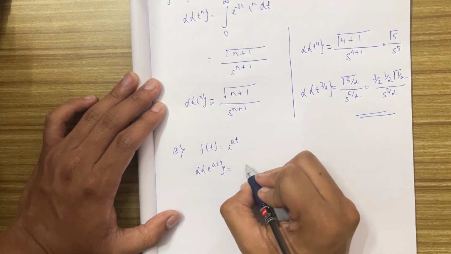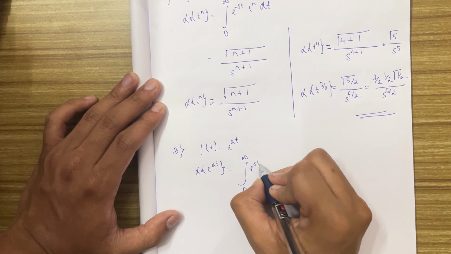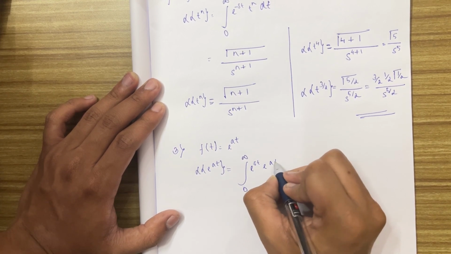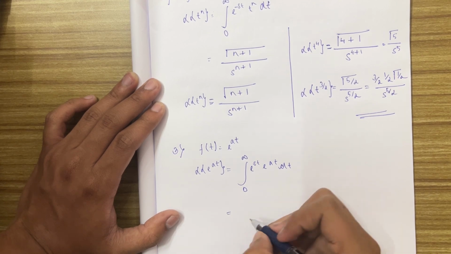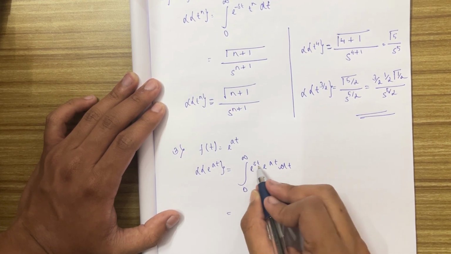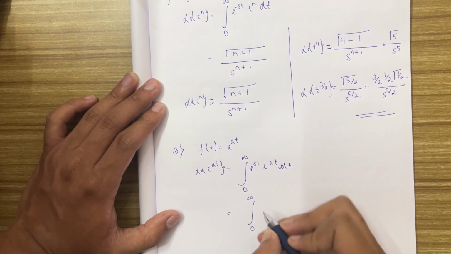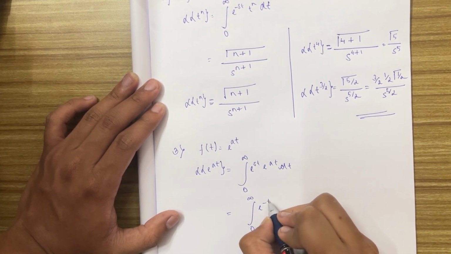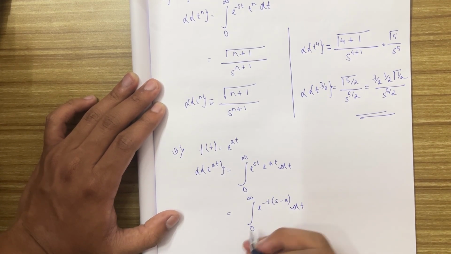So we will get the integral from 0 to infinity of e to the power minus st times e to the power at dt, right? Now through the formula, we take e to the power minus t(s minus a) dt common. So we took common.